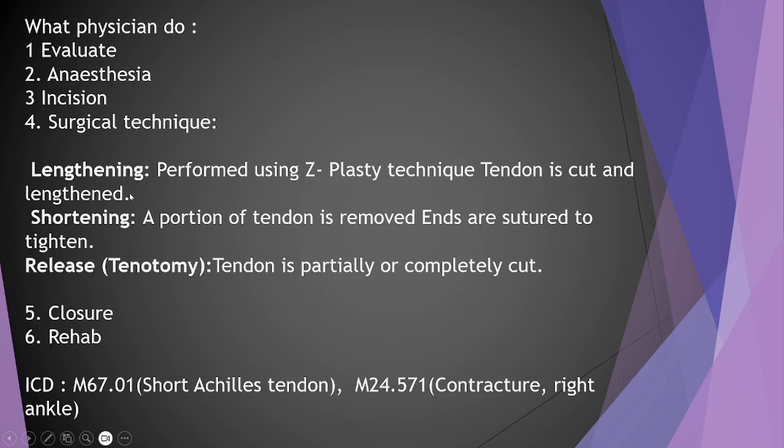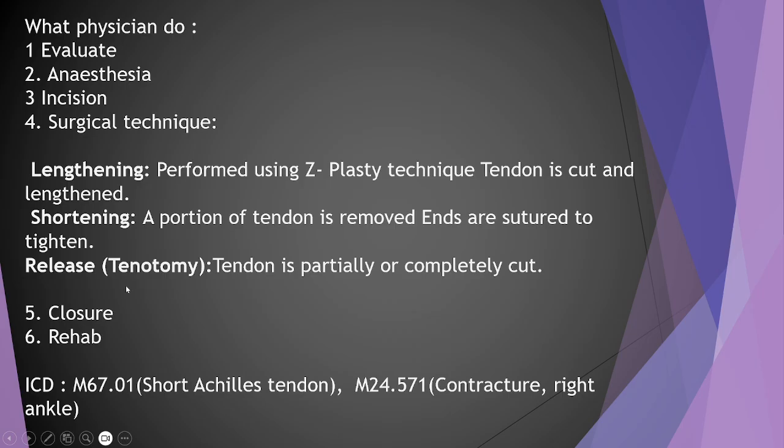That is known as tendon lengthening, performed with the Z-plasty technique. And shortening, what is shortening? A portion of the tendon is removed, and the ends are sutured to tighten. Basically, some part of the tendon has been removed and the ends of the tendon are sutured, making the tendon tight. That is shortening of the tendon.